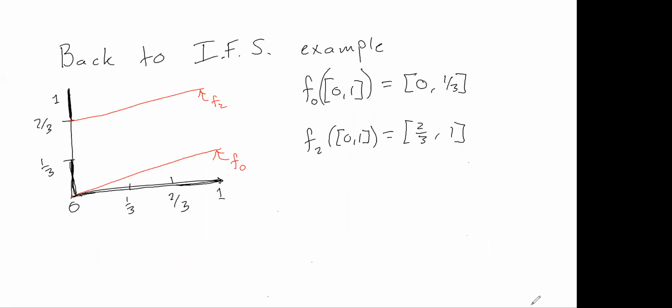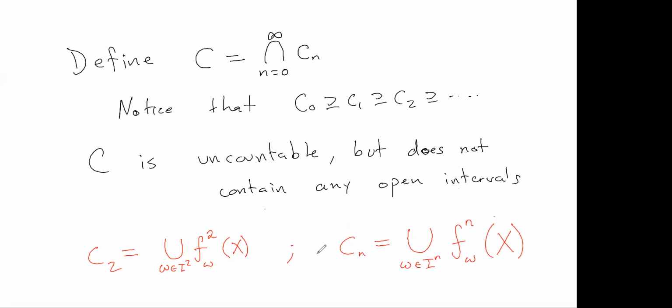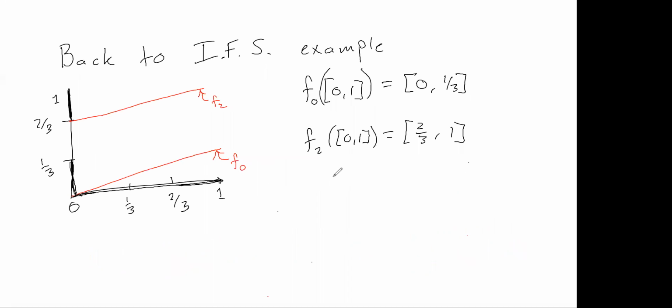Oh, I forgot I had this page too. So maybe it would have made more sense to write this here after I wrote that. So in general, Cn is equal to the union F omega n of the interval 0, 1. And the Cantor set is the intersection over all n.